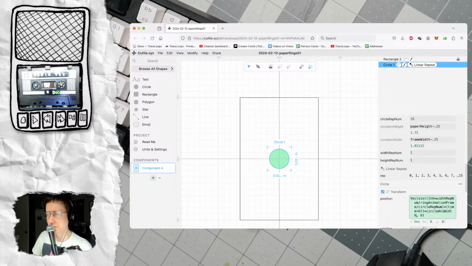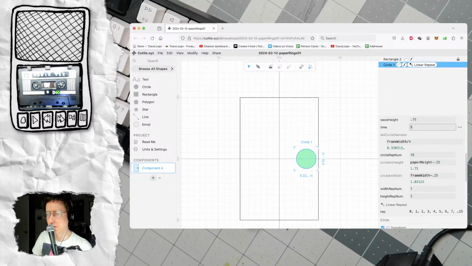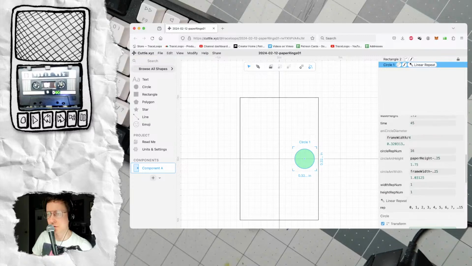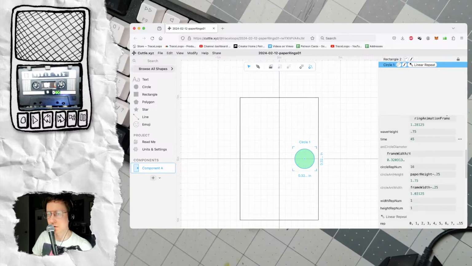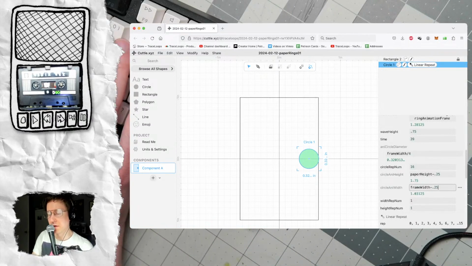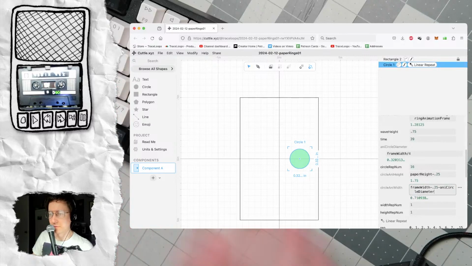Let me check something. All right, I need to divide this by 2. All right, that is frame width minus 0.25 minus any circle diameter divided by 2.